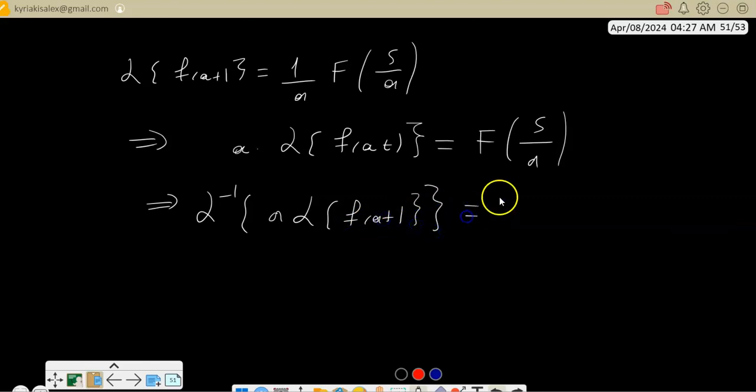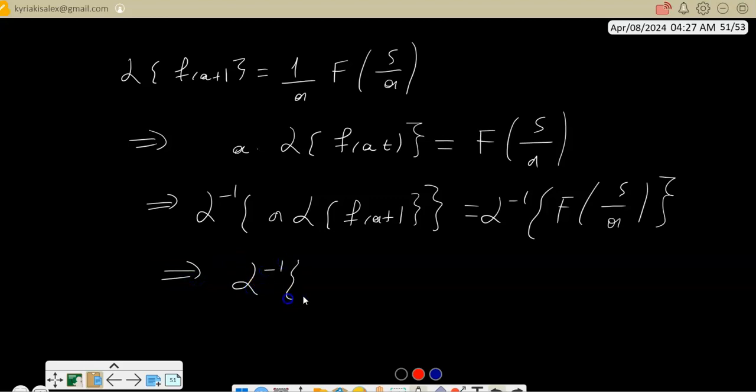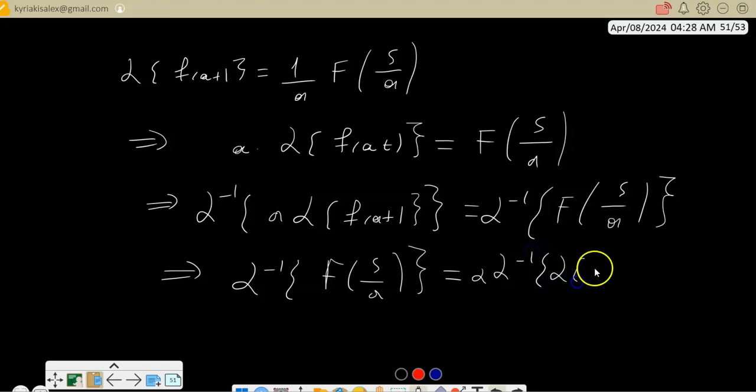And from here, the inverse Laplace transform of the function F of s divided by a equals, now this is a scalar, I can write it as a times the inverse Laplace of the function f of a times t.